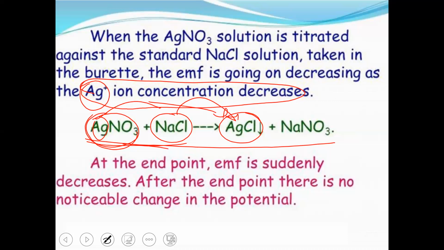The principle is that the EMF of the cell depends upon the concentration of the solution, as we already discussed in the first one. After the endpoint, what happened? At the end point, the EMF suddenly decreases. After the end point, there is no noticeable change in the potential.